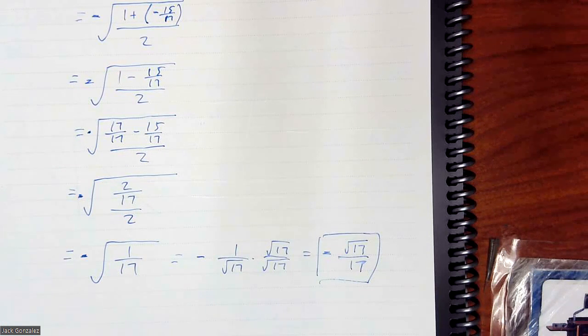Why is that 17? Square root of 1 is going to be the square root of the top, and the square root of 17 is just the square root of 17. You can't do anything, you have to rationalize it. Yeah, it was negative the whole time.